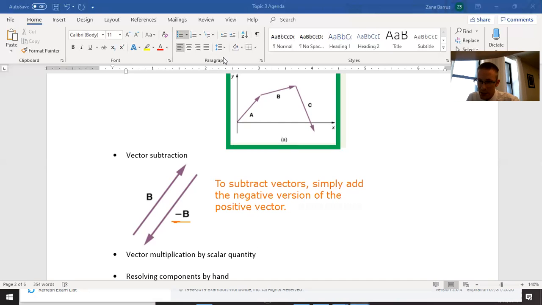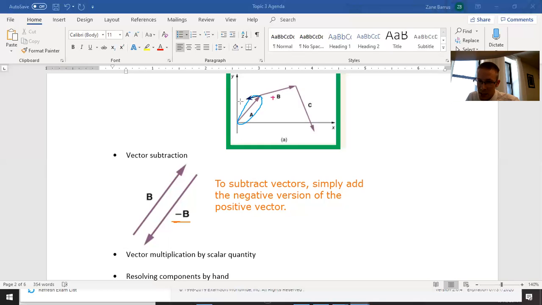Suppose for a second that I was taking vector A in the previous example. So I'm going to circle vector A right here. Suppose that I wanted to take vector A and I wanted to subtract vector B from that. Well, currently in the picture above, vector B is being added. So this is a positive vector B up here. But if I wanted to subtract it, all I would need to do is just flip its direction and draw the arrow about the same size.